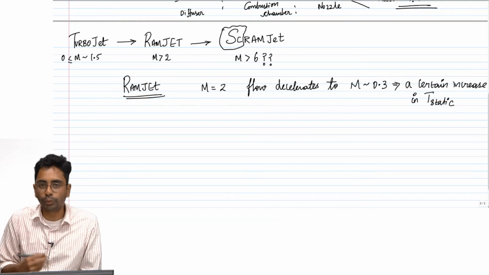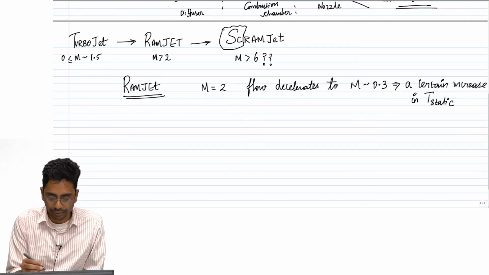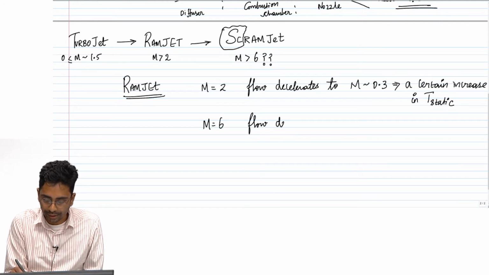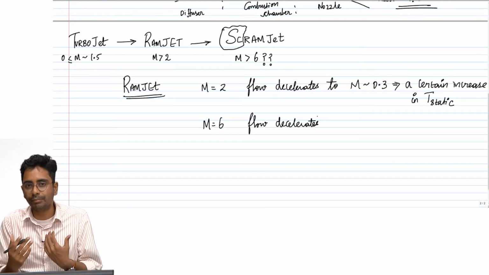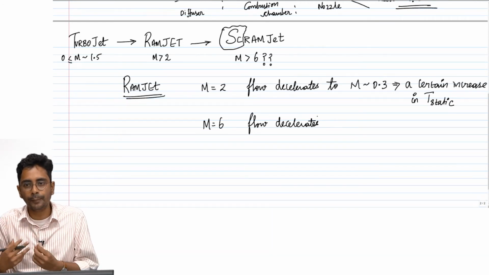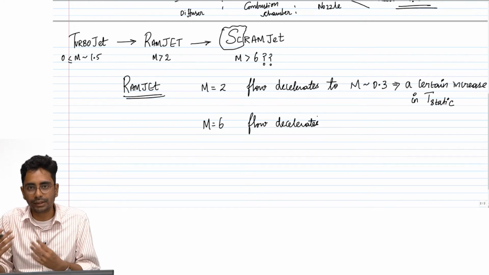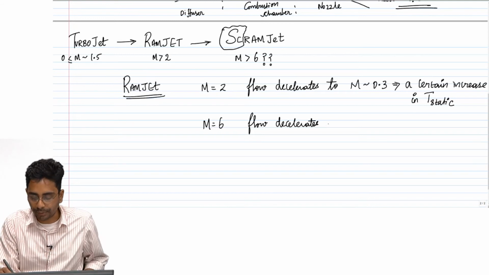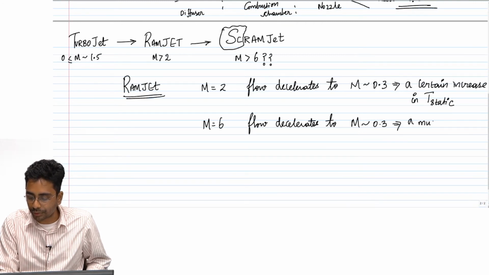Now you try to go to Mach 6 in the same arrangement. So flow decelerates. Remember that you need to decelerate to roughly about the same Mach number, because your flame stabilization with the injection of the fuel and everything is designed so that the flame is stable at a certain Mach number. If you decelerate to a higher Mach number, then the flame won't be stable. So you need to decelerate to about the same Mach number, which implies a much higher increase in static temperature.